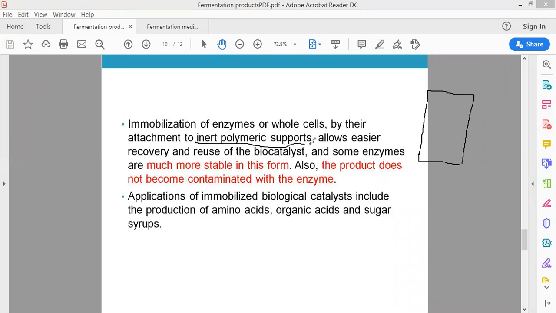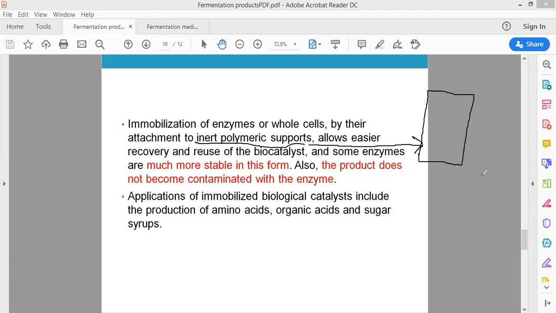This support system can be any kind of material. You can imagine that this could be silicon, which is usually inert. It could also be any other metal, any kind of fiber material, or any material which does not react with the fermentation process.